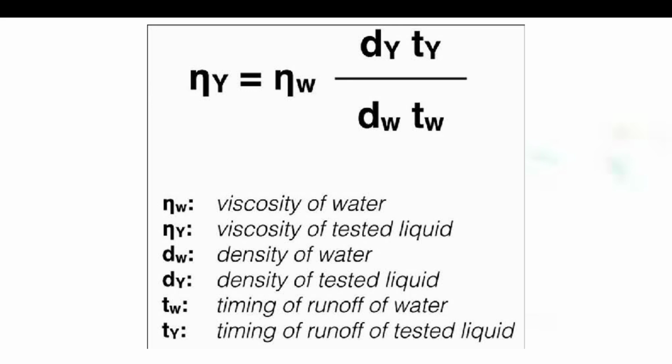Hence, out of the 6 items, we can get 2 from standard databases, that is viscosity of water and density of water at a particular temperature, and the others, the density of sample and time of flow for both water and sample, come from the observation. When you put all these values into the equation, we get the unknown viscosity. Hope you understood the concept.